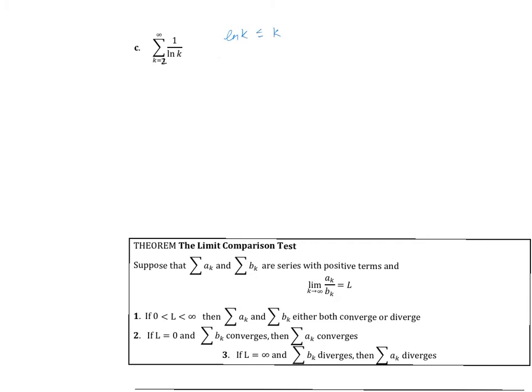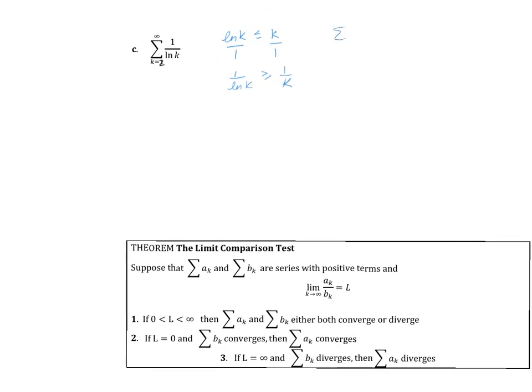But I need 1 over natural log of k. Going back to our algebra, whenever you have fractions, you can flip them, but you have to flip your inequality. So I have this inequality that says 1 over natural log of k is greater than or equal to 1 over k. So my series, starting with 2, is going to be this harmonic series 1 over k, which is a convergent p-series, or you could just say it's harmonic.